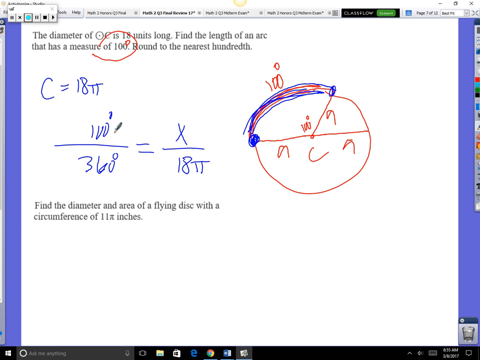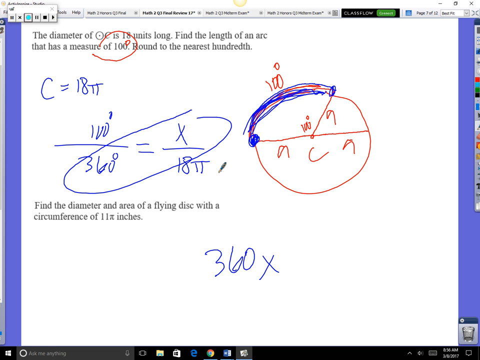So we're going to compare degrees to degrees, so 100 to the full 360, and we're going to compare length to length. And we don't know this length, that's what we're trying to find, but we know the whole length is 18 pi. So once you got a proportion, you just cross multiply. So you're going to do 360 times x, that's 360x. Now you're going to cross this way. 18 times 100 is going to be 180 pi.